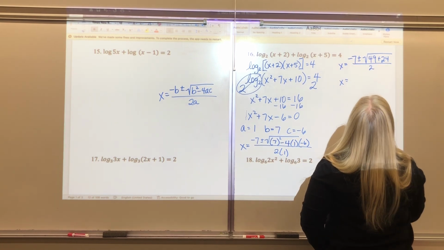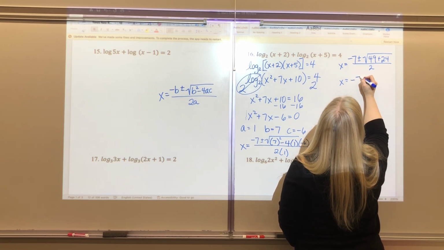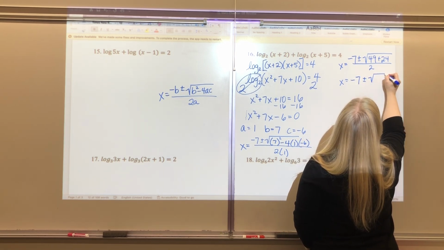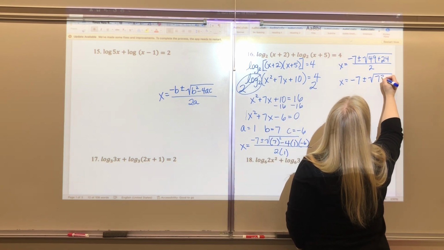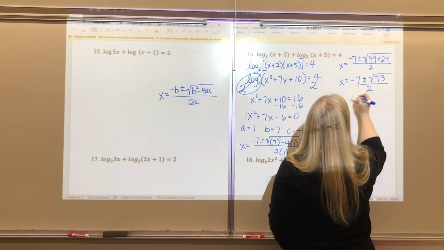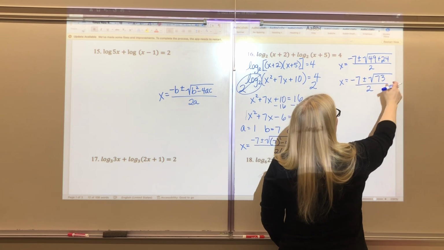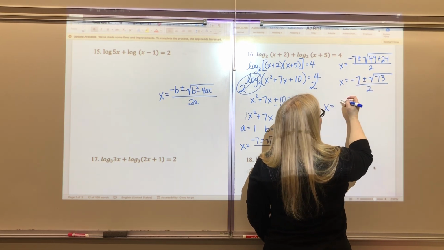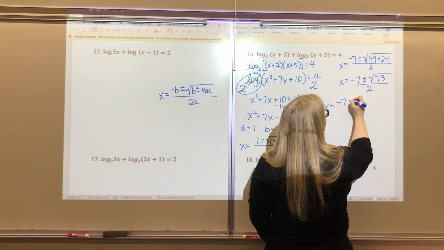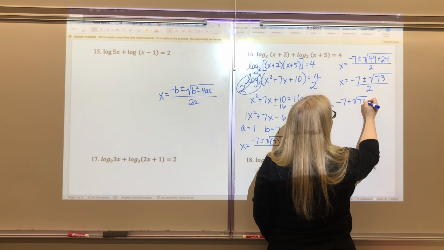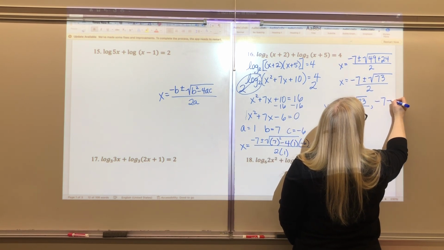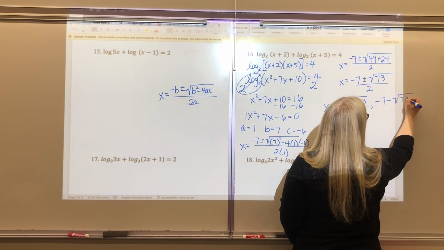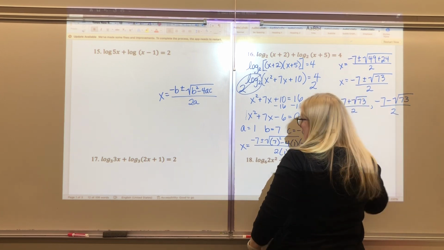So let's see, this is negative 7 plus or minus the square root of 73 over 2. So x is going to equal, I've got 2 here, right? One is plus and one is minus. So I have negative 7 plus the square root of 73 over 2 and negative 7 minus the square root of 73 over 2.